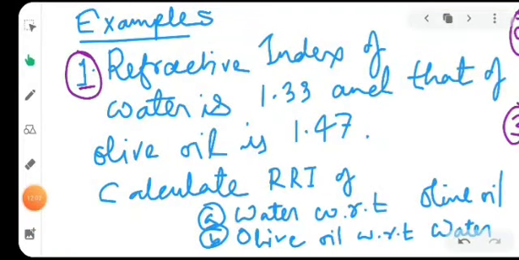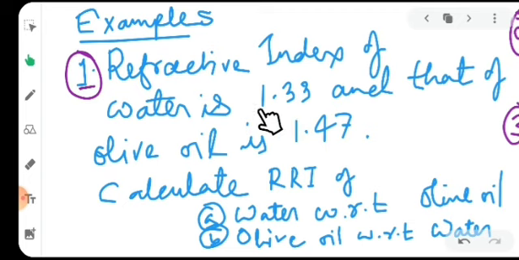Okay, so as far as the ideas we have studied, let us see how to apply them in a few situations. I have brought you three examples, of which you can see the first here. If you can't read it, let me read it out for you. The refractive index of water is 1.33. I have not attached any units since refractive index is just a ratio, so its value is a number.